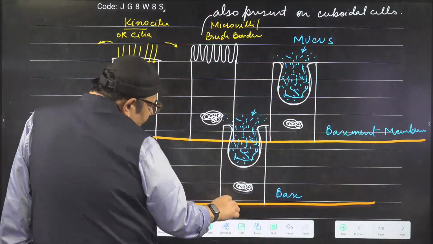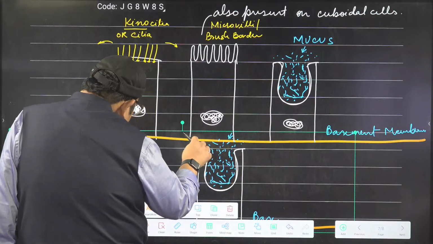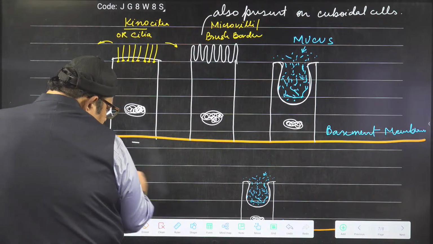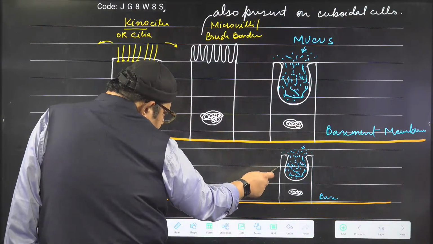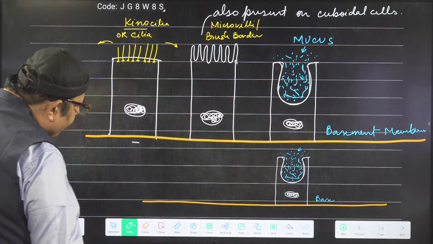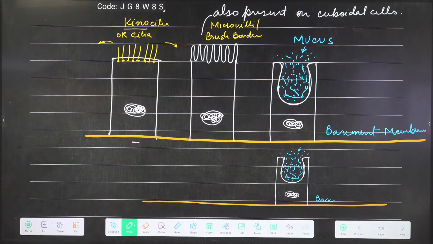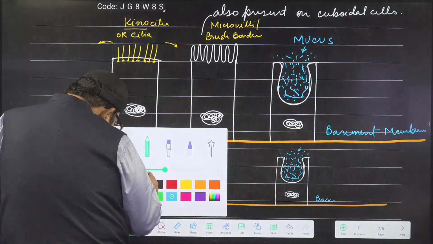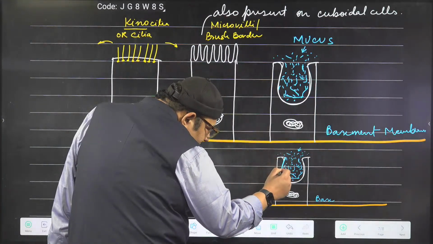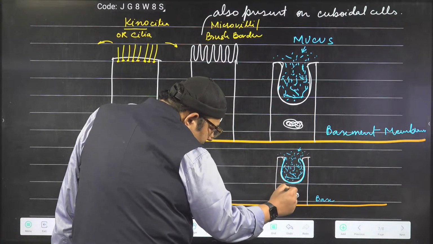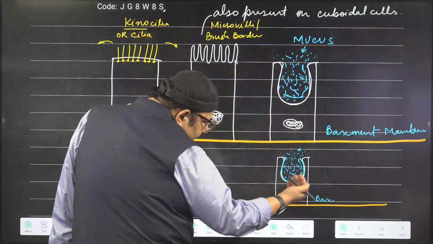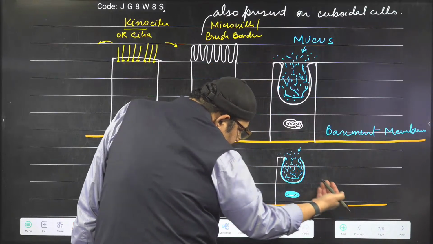I can show it somewhat smaller. Now, just see. If you look inside the cell, does it look like there is a cup inside the cell? Where is the cup, sir? I'll show the cup. This is the cup, this is the upper part, and this might be the base of the cup. This is a cup like the ones used for mocktails.